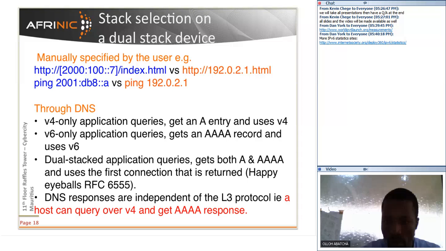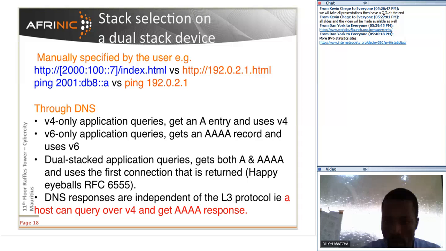However, to address that, there's an RFC called RFC 6555, Happy Eyeballs, that looked into that and said, okay, they will request both A and quad A records, and the one that replies back the fastest is the one they're going to use. And that kind of solved that issue.